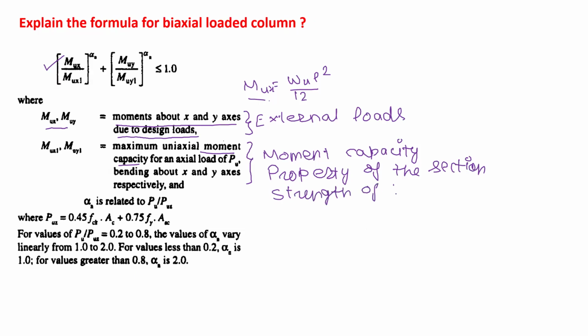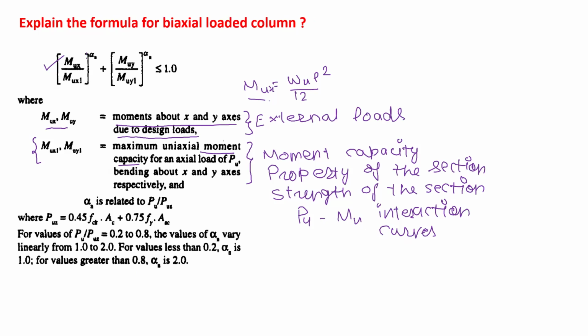These values we have to calculate by using PU-MU. We have two methods, the analysis method and PU-MU interaction curves. We are going to use PU-MU interaction curves to find the values of MUX1 and MUY1.